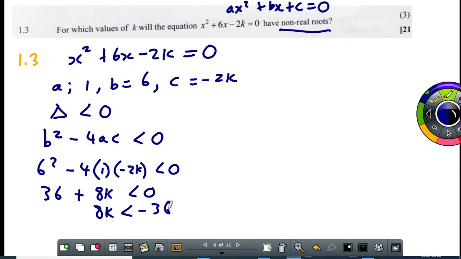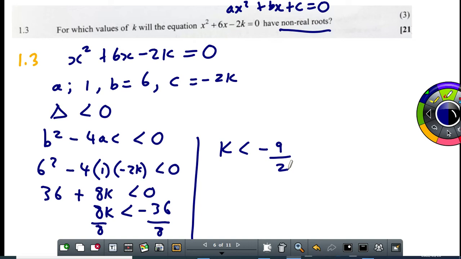Okay, let me just check it. My b is positive 6, that's fine. My a is 1, that's fine. My c is minus 2k, so that's correct. Then we divide here by 8. So we get k is less than minus 9 over 2.